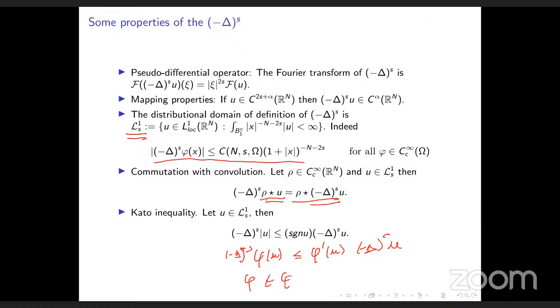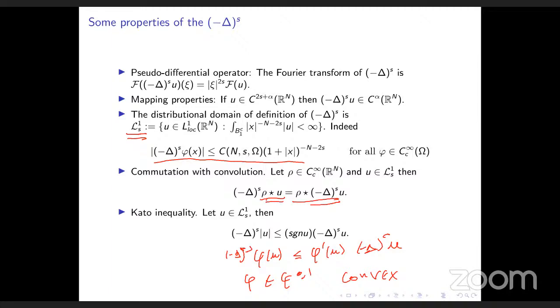So phi is Lipschitz and convex. Then one can also have the more general inequality, which is known as the Kato inequality, rather than only the absolute value.